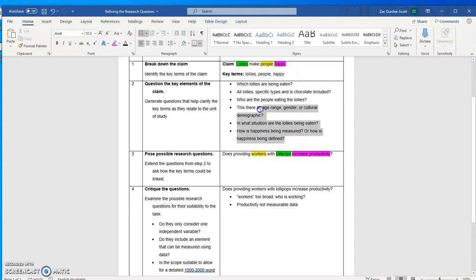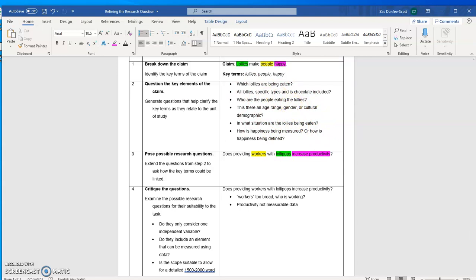You then have to think about these questions and answer them in your head with multiple different scenarios. What do you want to look at? You're going to have to do multiple different searches on Google Scholar to find articles that answer these questions.